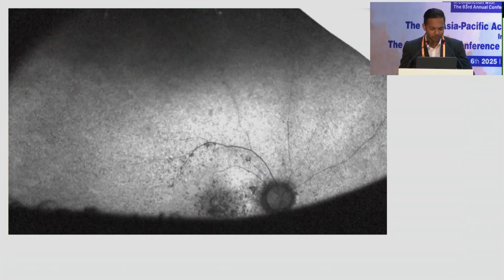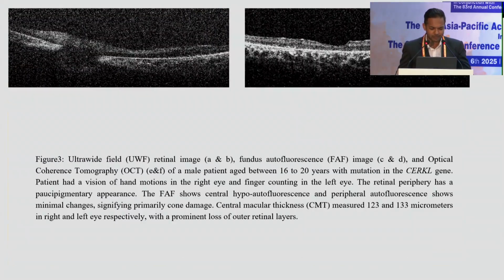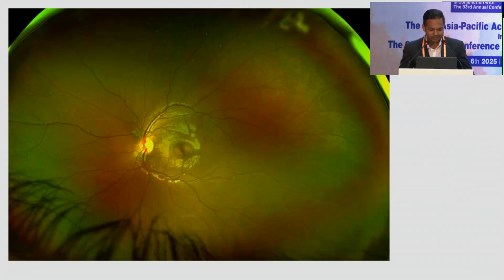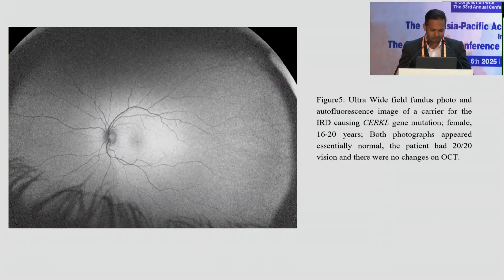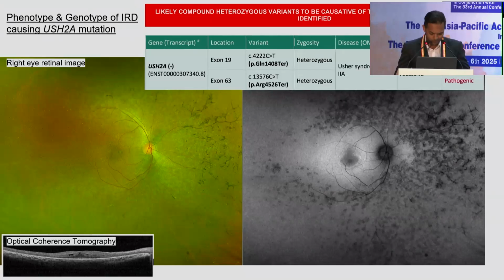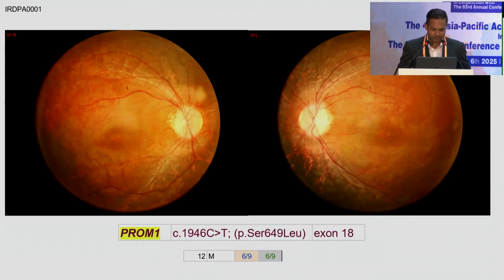So a very stippled autofluorescence that we're seeing, and a significant foveal thinning in this patient with circle gene mutation. The other, this is a patient with a circle carrier with no changes in the fundus. Another common mutation we saw was in patients with AIOS2A gene mutation, again typically presenting in the second and third decade with vision loss to the order of 6/12, 6/18, and along with that, of course, sensorineural hearing loss.